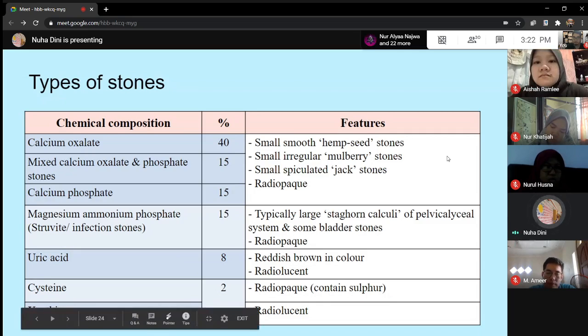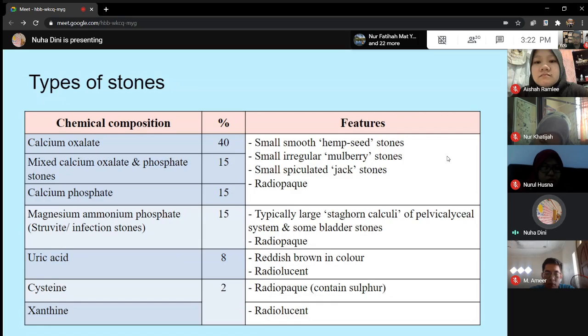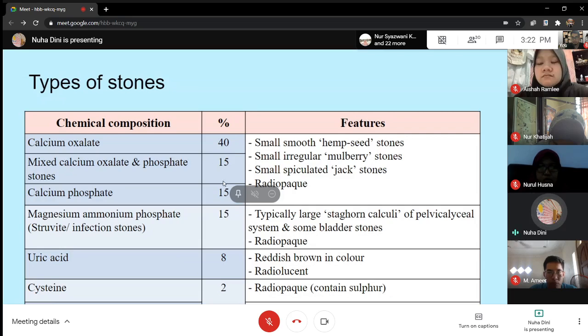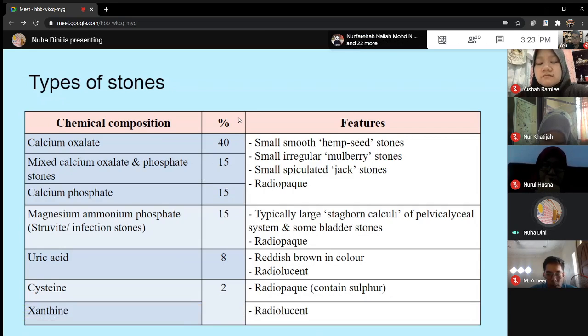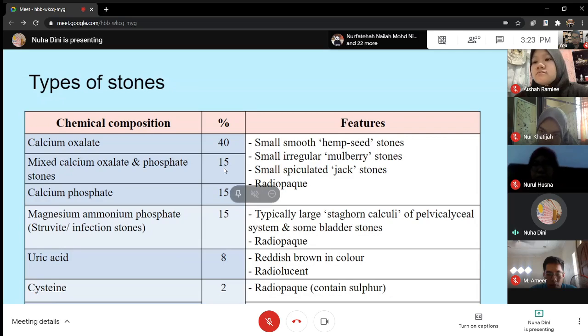Struvite stone, as mentioned before, occurs due to chronic infection by urea-splitting organisms, typically presenting as large staghorn calculi, and it is poorly radiopaque compared to the calcium stone. However, due to its large size, it can be easily detected on radiograph.